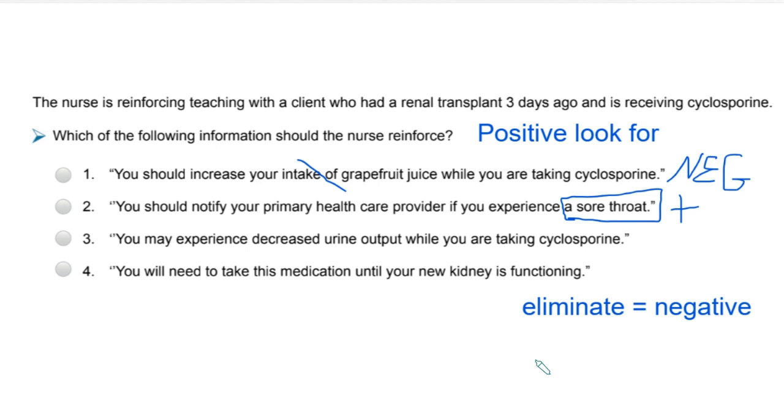Should you reinforce that? If I tell a patient you may experience a low urine output, does that sound like this is something that they're going to expect to happen? Or is that something that they need to report to a healthcare provider? Tell the nurse, tell the doctor, my urine output is decreasing. All right. So that could be really a negative response.